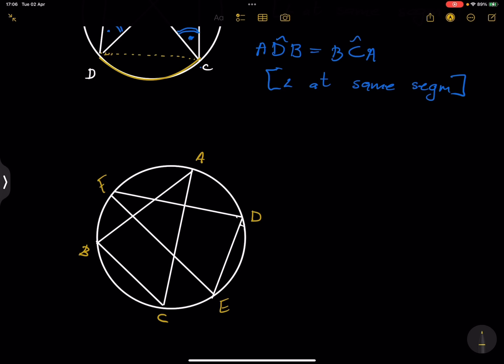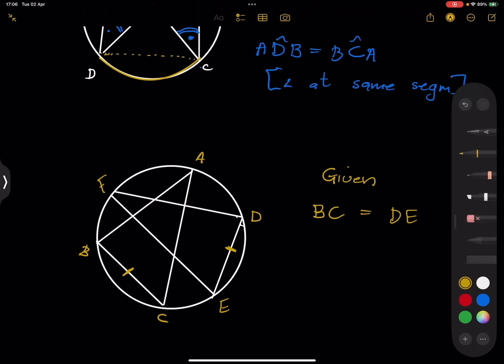Now I want you to note, if it is given to me that BC is equal to DE, it is given that BC is equal to DE. Please note, I've got equal chords there.